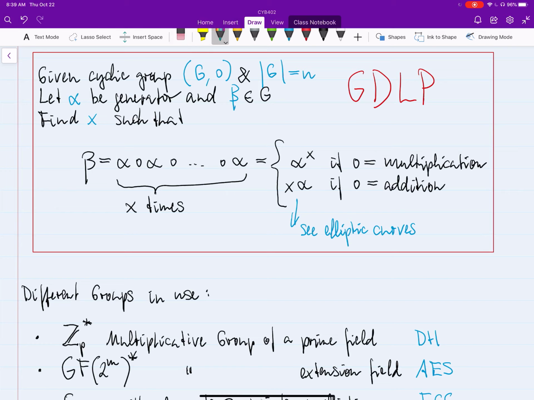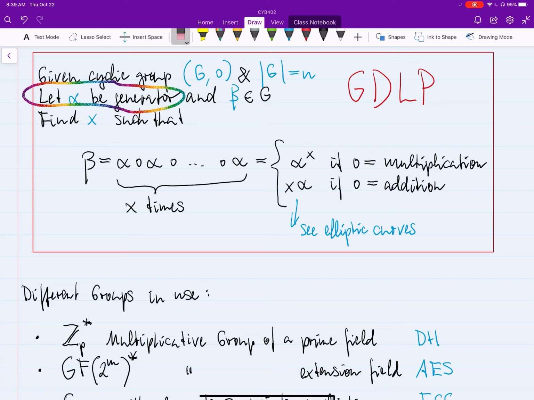Okay, and then we have a generator, alpha. One of these elements, or possibly several, and we have an element of the group, beta. And the problem to be solved is this: find an x, which also used to be a value of the group, and this is not necessarily the case anymore.